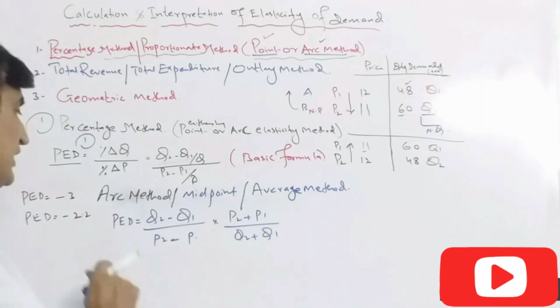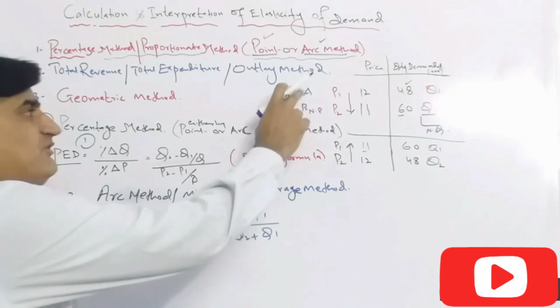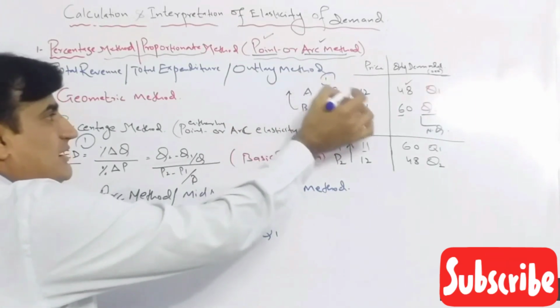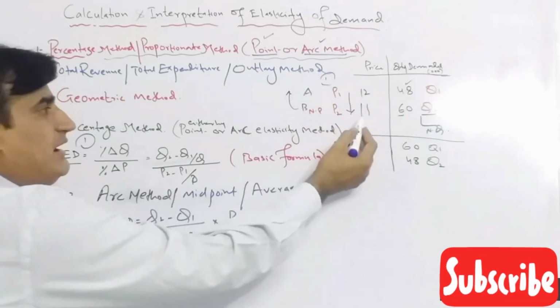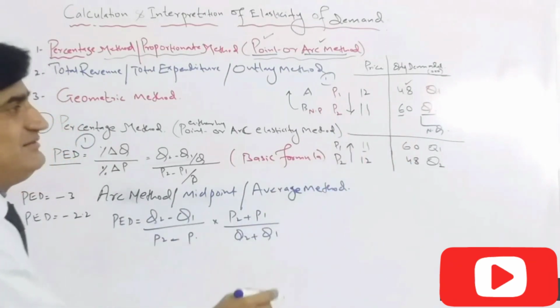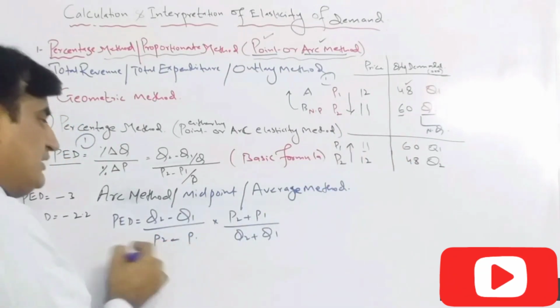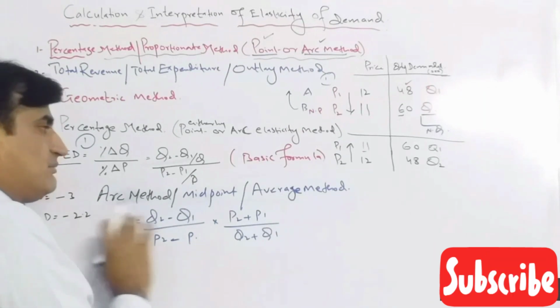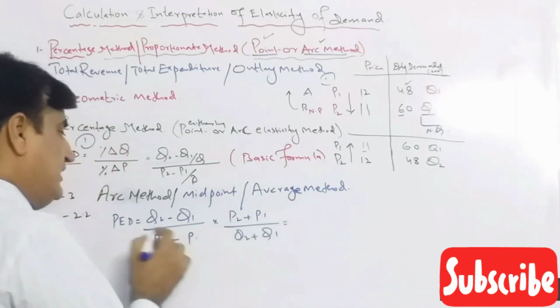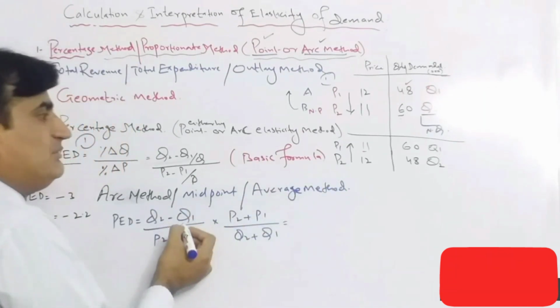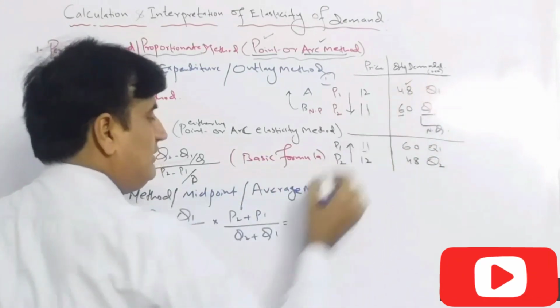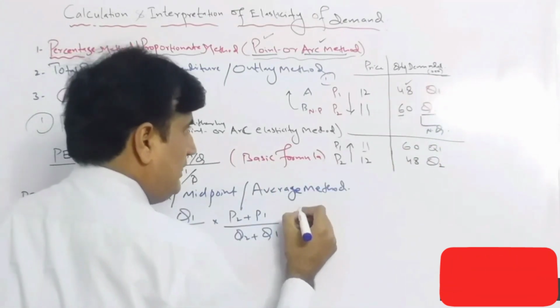So now we will calculate the elasticity. Firstly, in this case, when the price is 12, the quantity demanded is 48. When the price is 11, the quantity demanded is 60. So we are going to calculate the elasticity by using the arc method. Q2 minus Q1 means 60 minus 48, so 12.